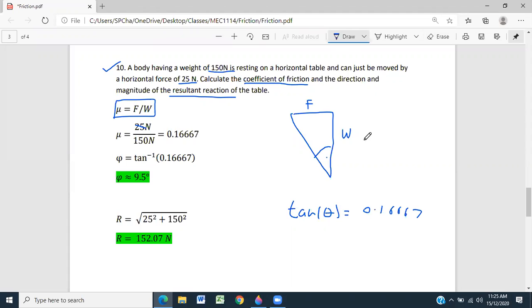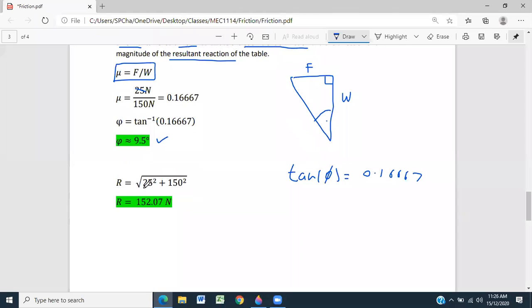So theta, or as the book could write it, phi, is equal to tan inverse of this, which is approximately 9.5 degrees. And then to find the magnitude, with horizontal force, vertical weight, 90 degrees, Pythagoras' theorem: the magnitude of the resultant is equal to the square root of 25 squared plus 150 squared. Plug it into the calculator, what do you get? 152.07 newtons.